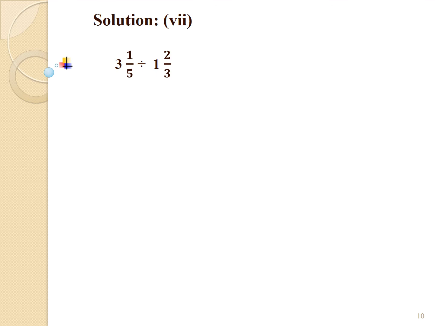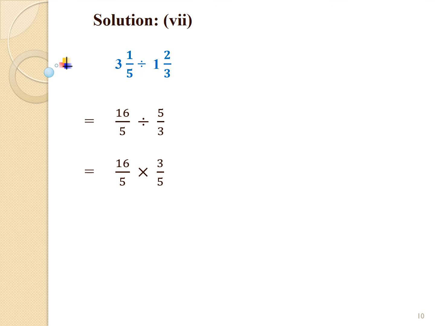Now, let us solve sum number 7. 3 integer 1 upon 5 divided by 1 integer 2 upon 3. Converting 3 integer 1 upon 5 and 1 integer 2 upon 3 into improper fraction, we get 16 upon 5 divided by 5 upon 3. Now multiplying 16 upon 5 by the reciprocal of 5 upon 3, we get 16 upon 5 into 3 upon 5.